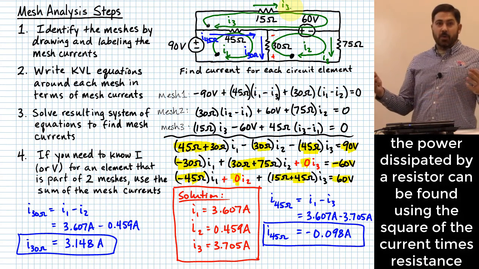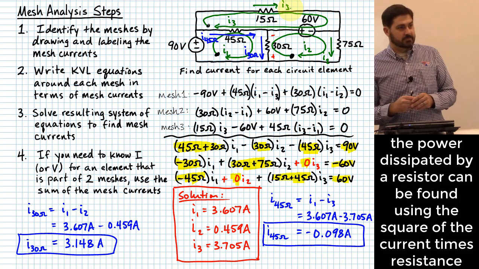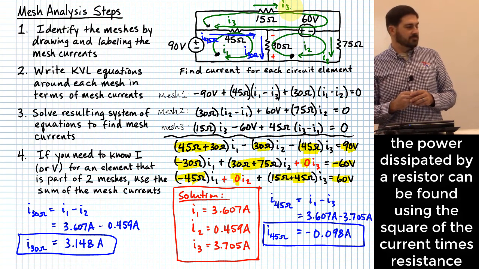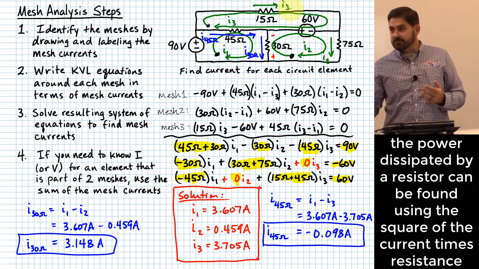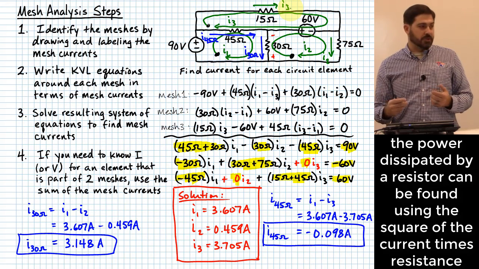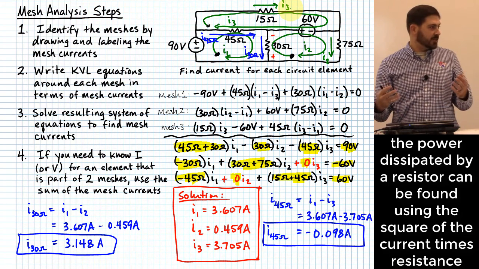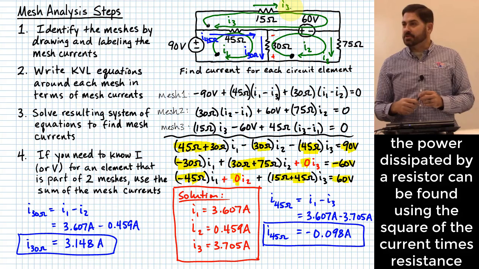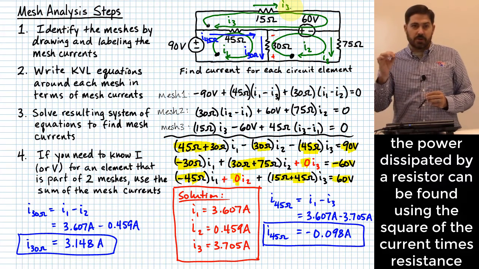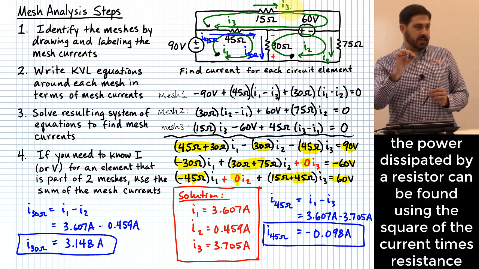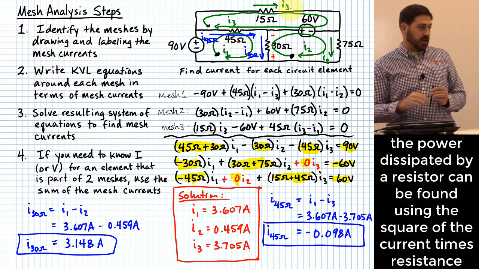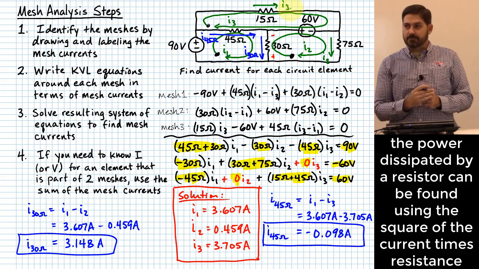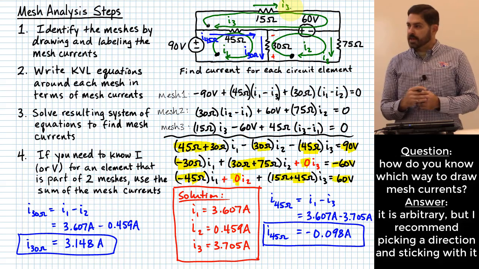What if I need to know power? You can do I squared R, okay? Or if you happen to know the voltage, you can do VI, right? So anyway, there's a lot of different things you can do. Finding those mesh currents, though, is the key step along the way to get the thing that sometimes you really need. Okay? Any questions before we move to the next example?